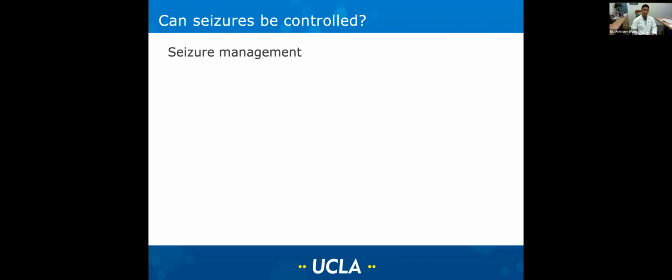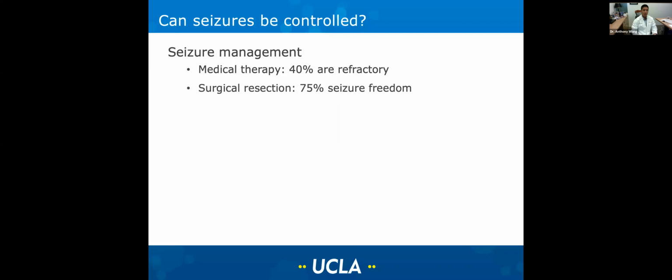And in patients who undergo surgery, you can expect about a 75% rate of seizure freedom if you take out the lesion, and really good control of seizures in over 80% of patients. So seizure management's quite effective with surgery. Again, 40% being refractory to medications, and expect about a 75% rate of seizure freedom with surgery.